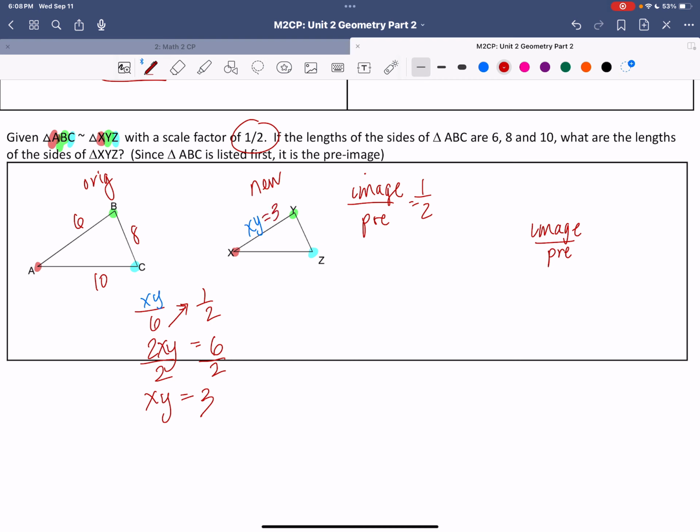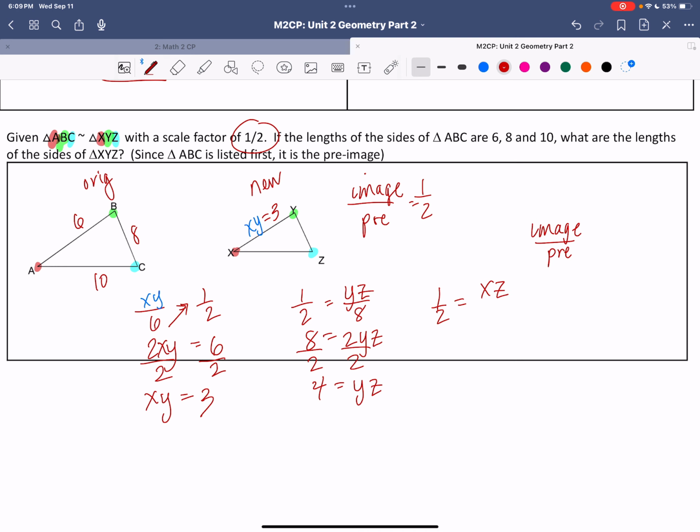So you're going to go ahead and set up the other ones. So you're going to take 1/2 equals yz, and we said that's over 8. Cross multiply. So you're going to get 2yz equals 8. Divide by 2. So if you notice, you're dividing everything by 2. And then here, you go 1/2 equals xz.